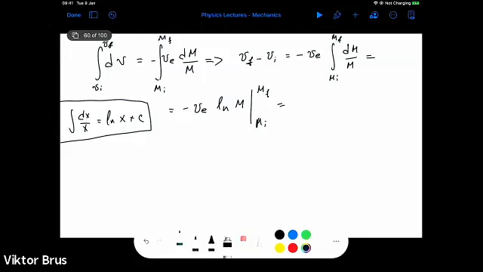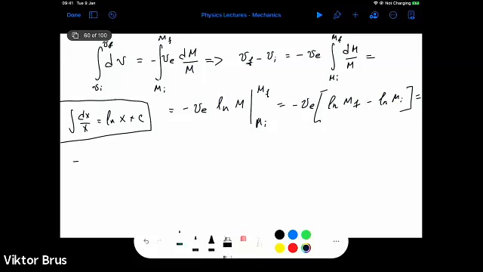And this is equal to minus v_e times the natural logarithm of m final minus the natural logarithm of m initial.